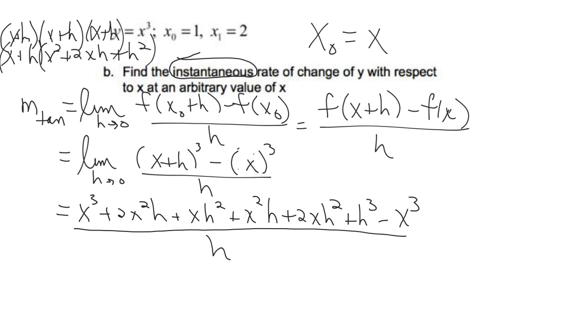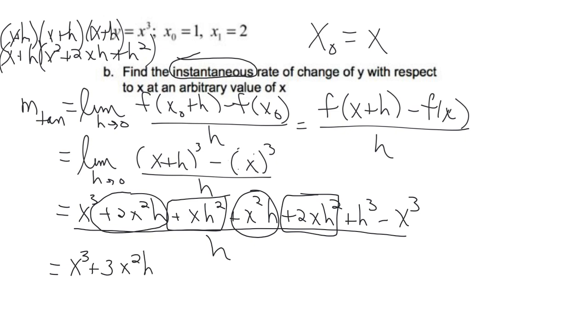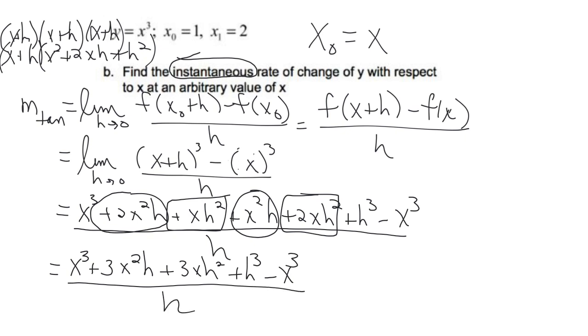I'm going to combine like terms, so this matches up with this, and this matches up with this. Then this is x cubed plus 3x squared h plus 3xh squared plus h cubed minus x cubed over h. The x cubes cancel.